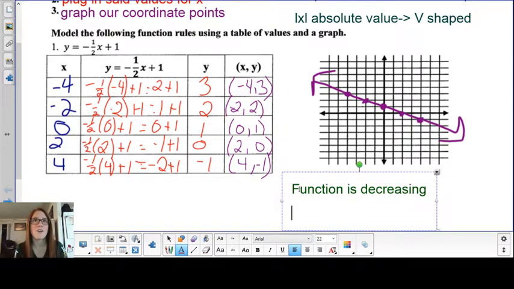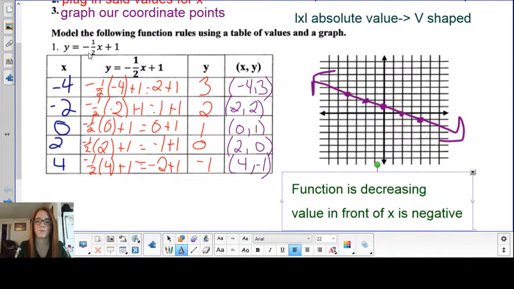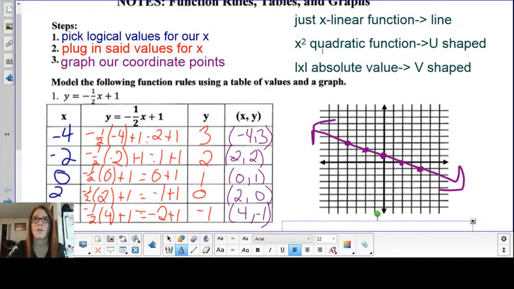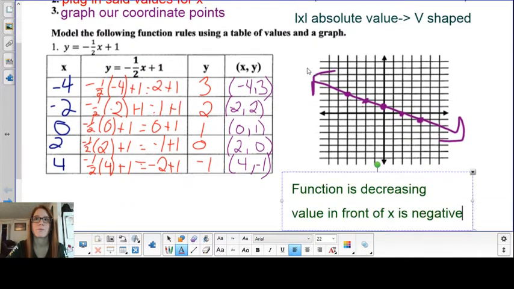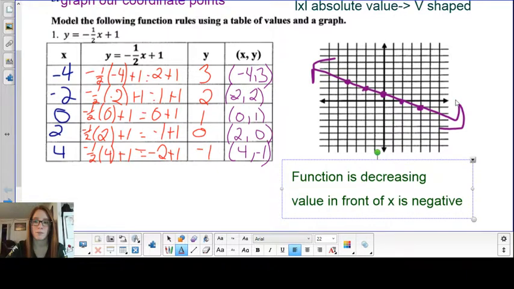The reason I know that, or another way I can help point that out, is you notice the value in front of my x is negative. So if you're dealing with a linear function, because I only have an x, I don't have a squared or an absolute value, it's going to be a straight line.